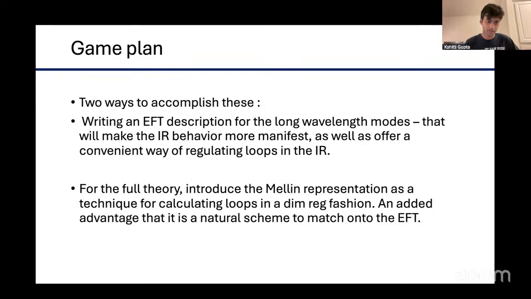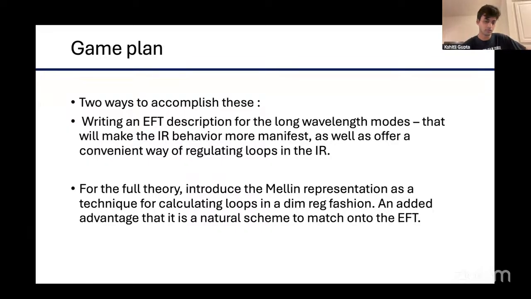For the rest of the talk, we are going to have two ways of accomplishing this. To understand the physics better, we'll write down an EFT description for the super horizon modes, which have exited the horizon. This will make the IR behavior manifest, and it will also give a convenient way of regulating loops in the IR.